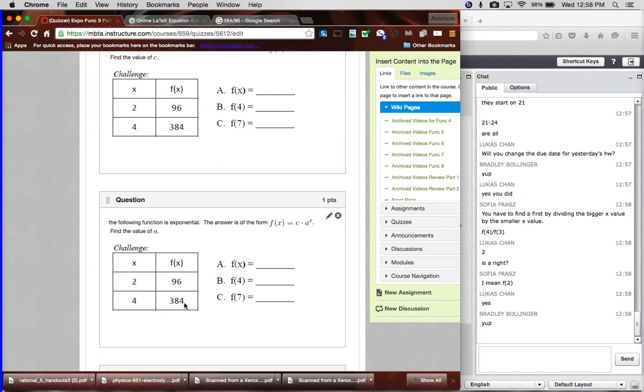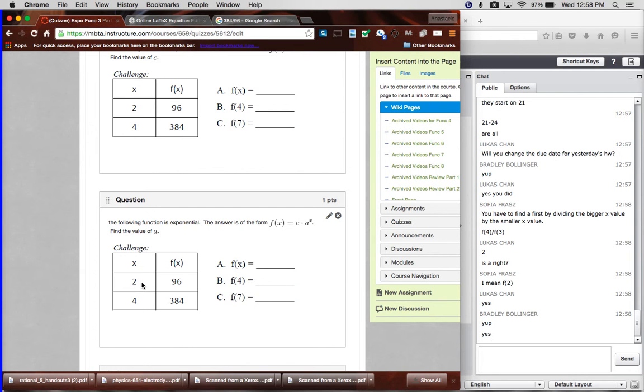So what you need to do, Bradley, is think of a table here, Bradley, okay, and put in the value 2, 96, put in a 3 with a blank spot right here, and then 4, and then 384 on this side. This table should include a 3, right? It made a jump from 2 to 4.